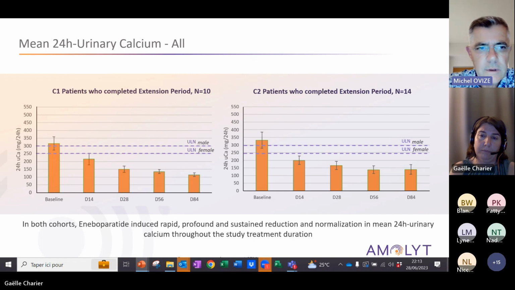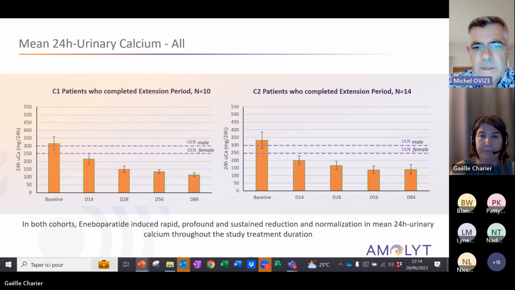It's a prognosis factor, and in that trial, you can see that at baseline, under conventional therapy, in cohort 1 on the left and in cohort 2 on the right, the average was above the upper limit of normal for male and female patients, and that as soon as day 14, 2 weeks after the onset of treatment, on average, we were already below the upper limit of normal, and the decrease kept going on, and at the end of the 3 months treatment period, we were well below the upper limit of the female and male patient range.